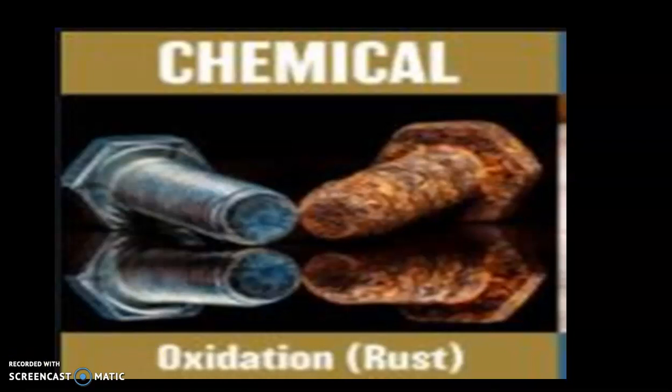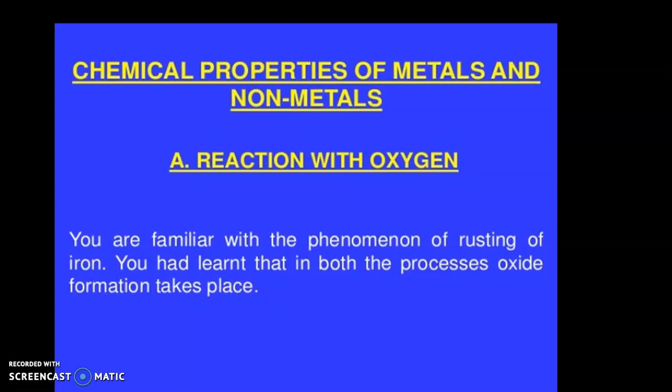Generally all metals show similar chemical properties, but their reactivities depend upon their nature and reaction conditions. Metals are different from non-metals, as we already know, depending upon their chemical properties. Let's begin. The first property is the reaction with oxygen, that is, how metals react with oxygen.